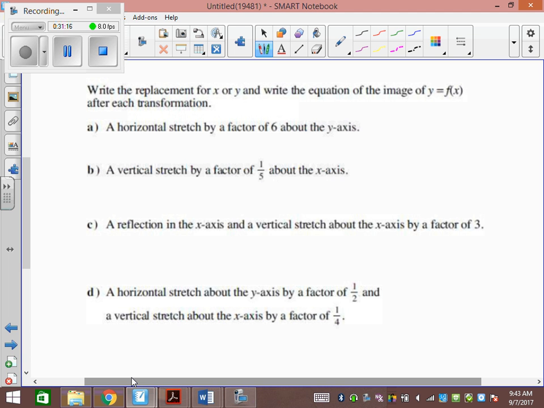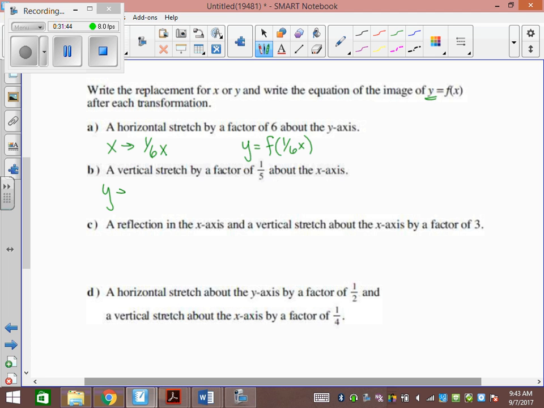Horizontal stretch by a factor of 6 means my x would become what? 1/6 x. So I would get y equals f 1/6 x. Vertical stretch by a factor of 1/5. My y, because replacement notation, you're actually replacing that variable.